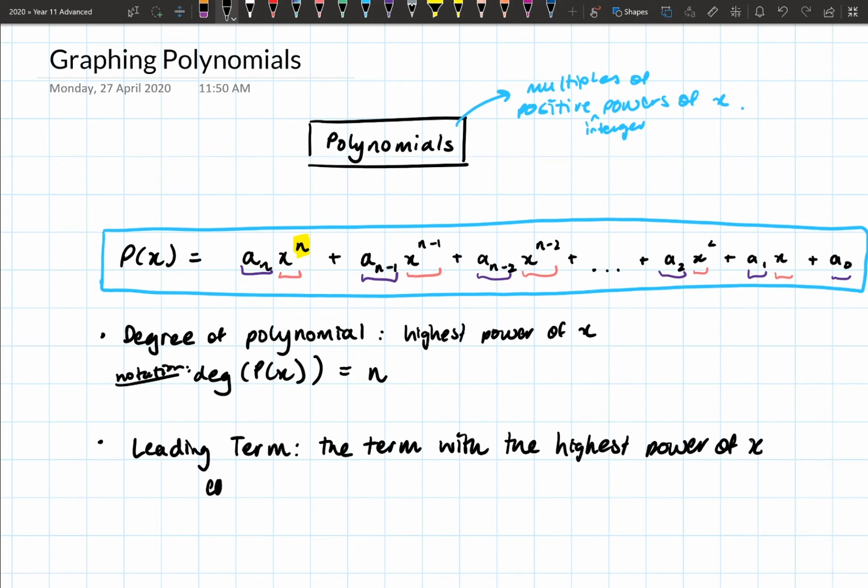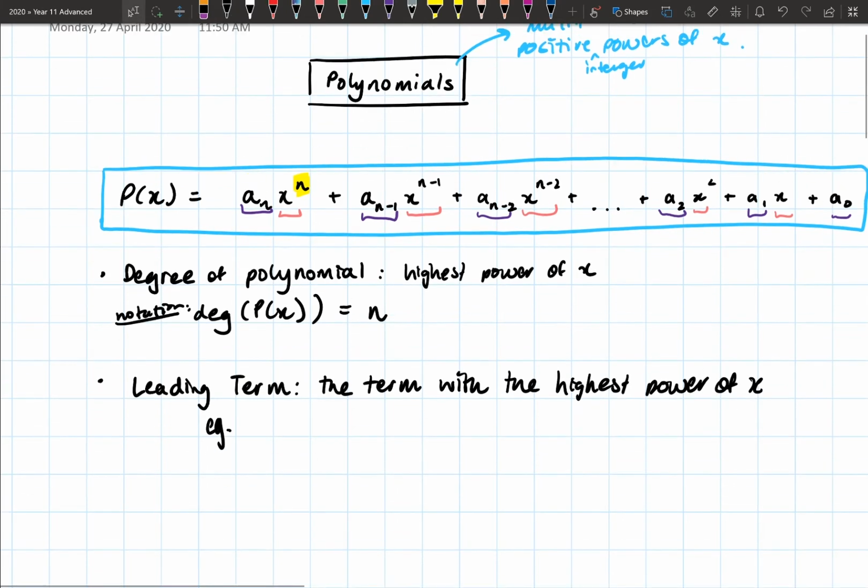For our expression above, the leading term is this whole first term, a_n x^n, where a_n is the coefficient of x to the power n. The leading term is the whole term which has the highest power of x. So that's what the leading term is.